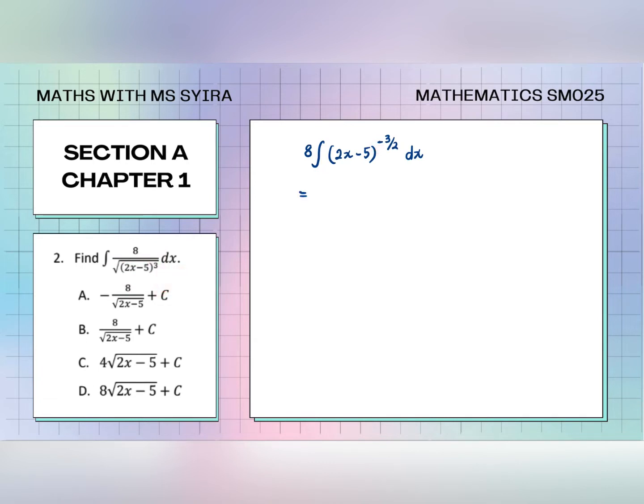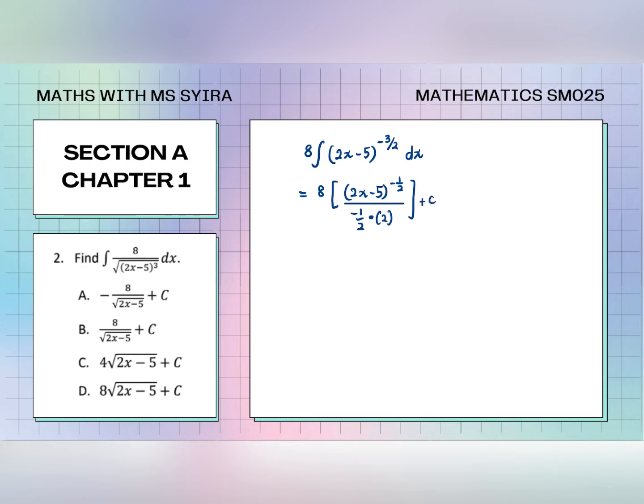Now, 8 multiplied by 2x minus 5, and then negative 3 over 2 plus 1 will be negative 1 over 2. Don't forget over negative 1 over 2. And then don't forget to multiply with differentiate inside. So differentiate 2x minus 5 will be 2.